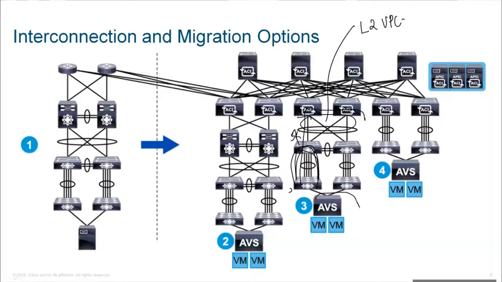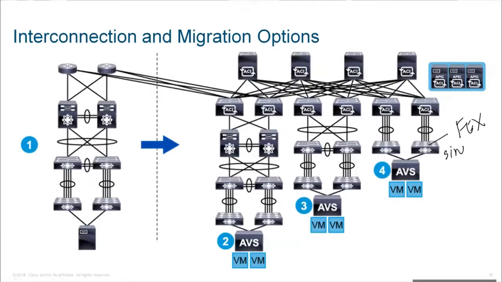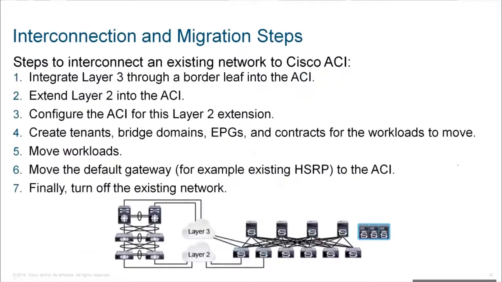Again, you could decide to have the AVS or AVE controlled by the APIC environment. Physically move your FEXs. The only thing you want to remember is FEXs will be single homed. You can't have FEXs dual homed.